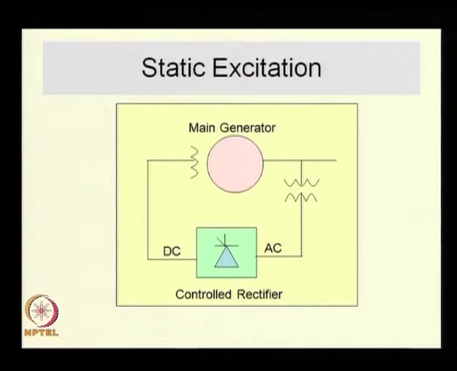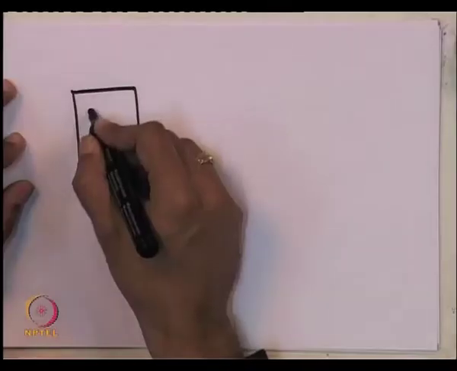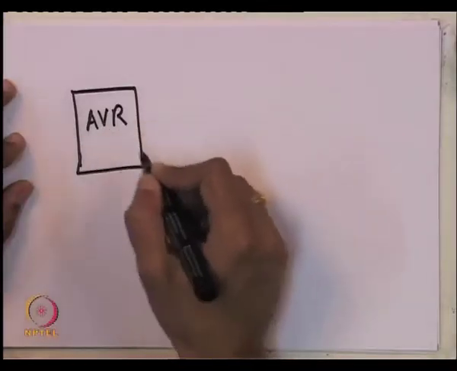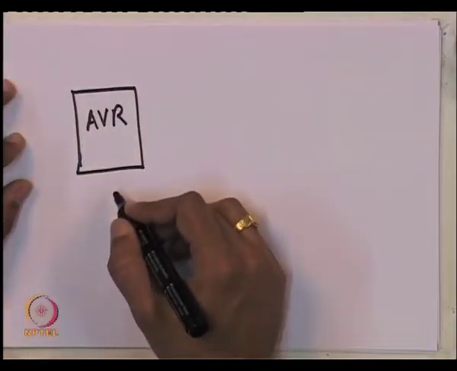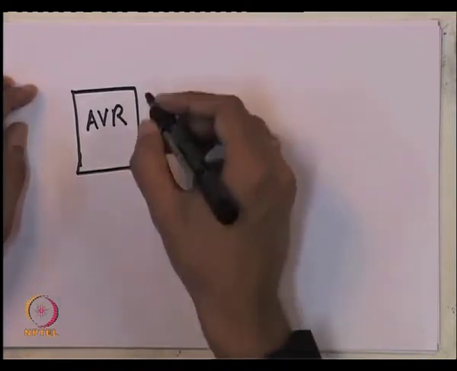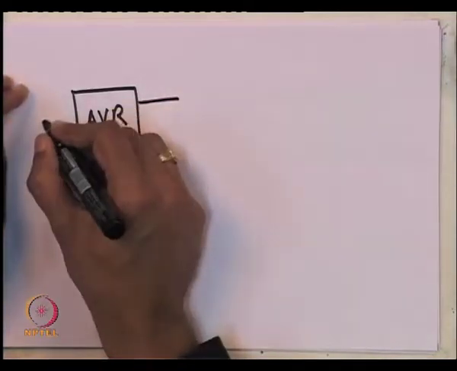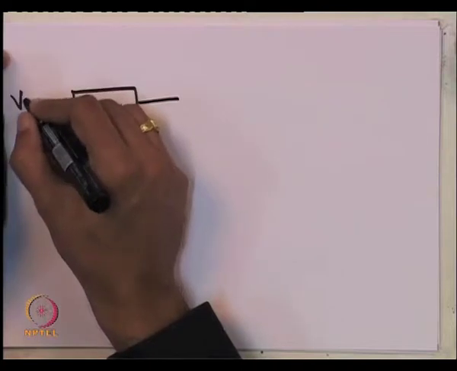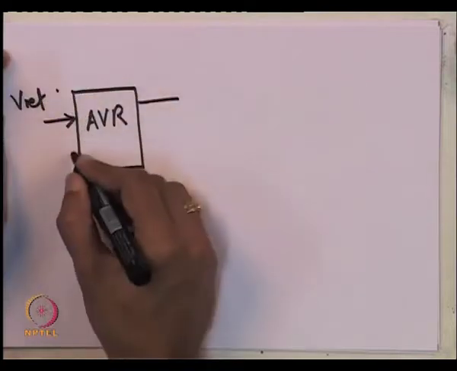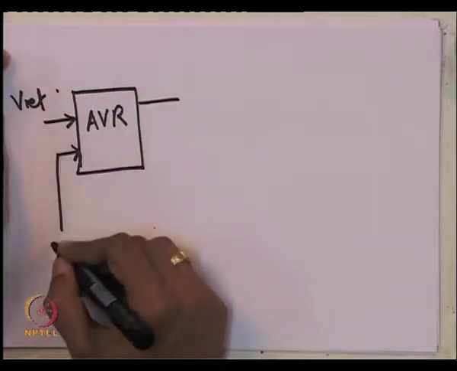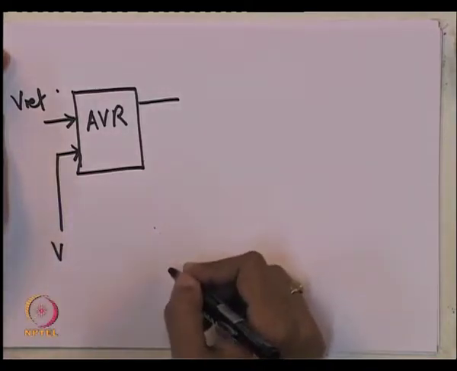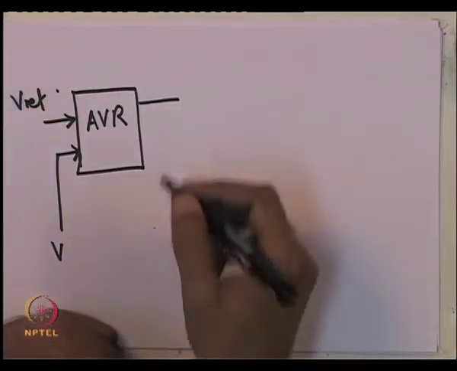So, if you really look at what is involved, you have got the mathematical functions or the state space representation which describe how an AVR works. AVR of course will require you to have a set point which is given. It takes the feedback of voltage, the terminal voltage of a generator.